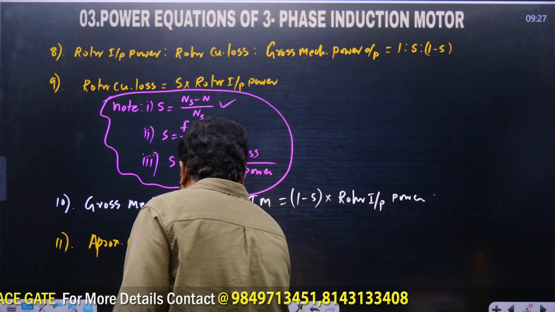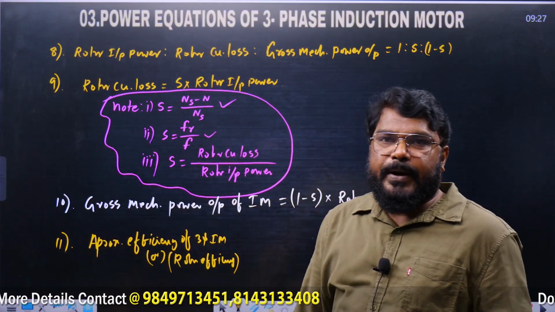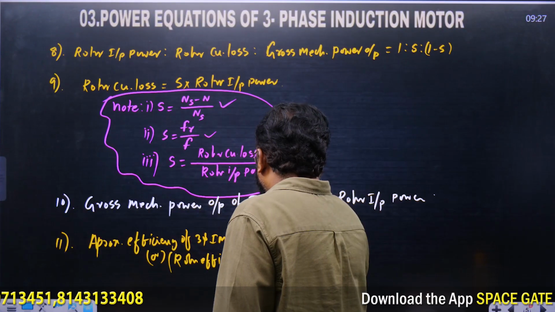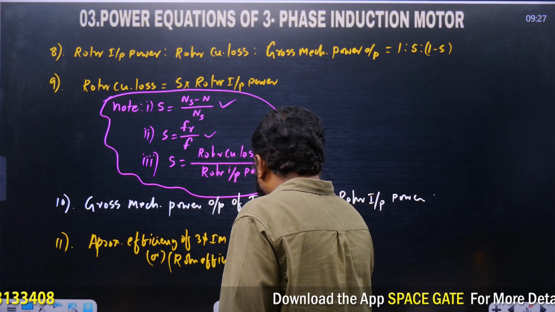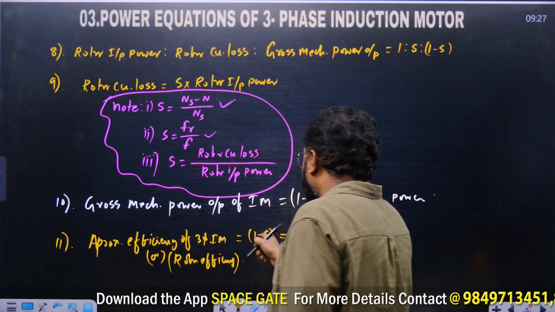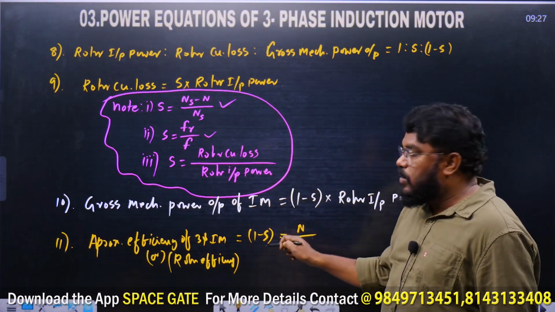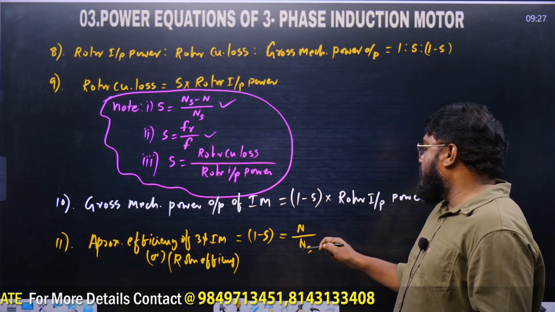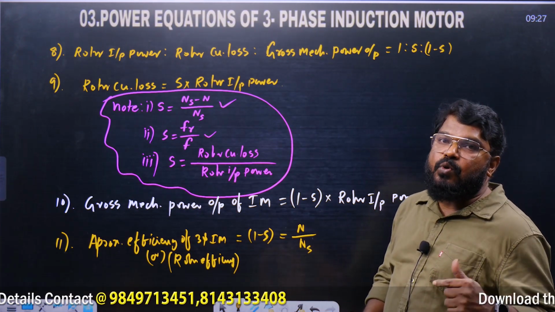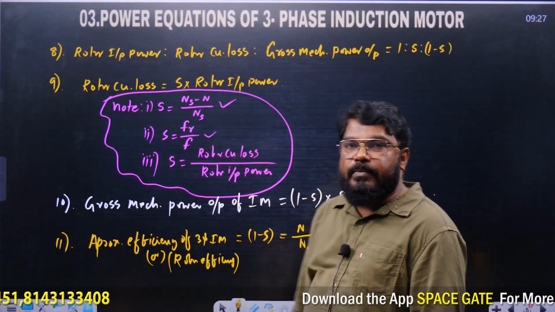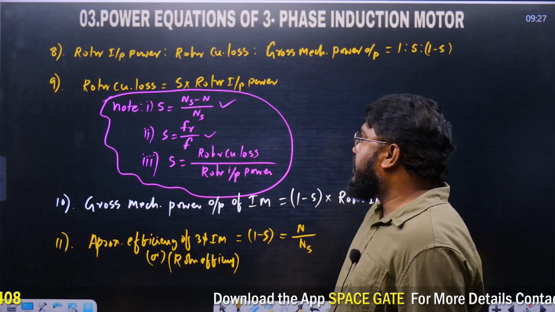Sometimes the rotor efficiency is called the approximate efficiency of the 3-phase induction motor. It is equal to 1 minus S always, or otherwise n by ns. In terms of slip it is 1 minus S; in terms of speed it is n by ns. If we want the percent efficiency, multiply by 100, since 1 minus S or n by ns is a per unit value.